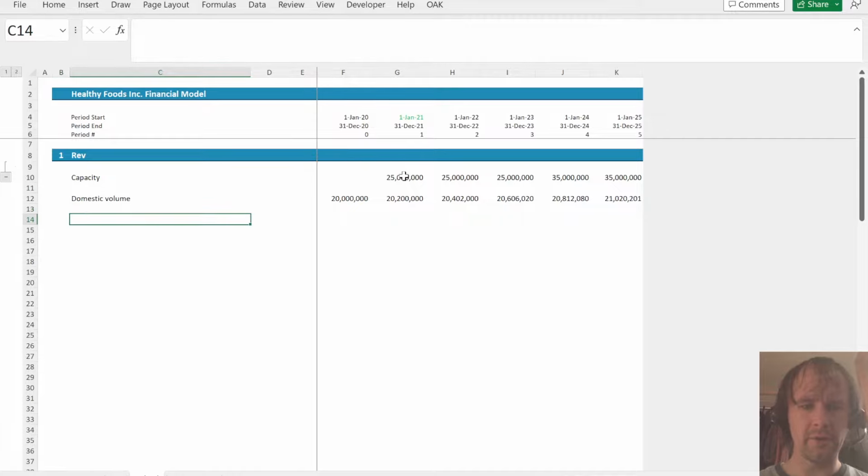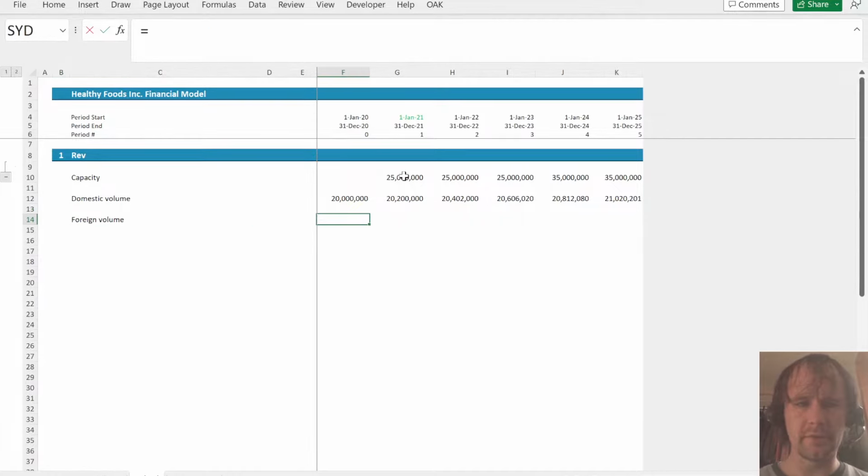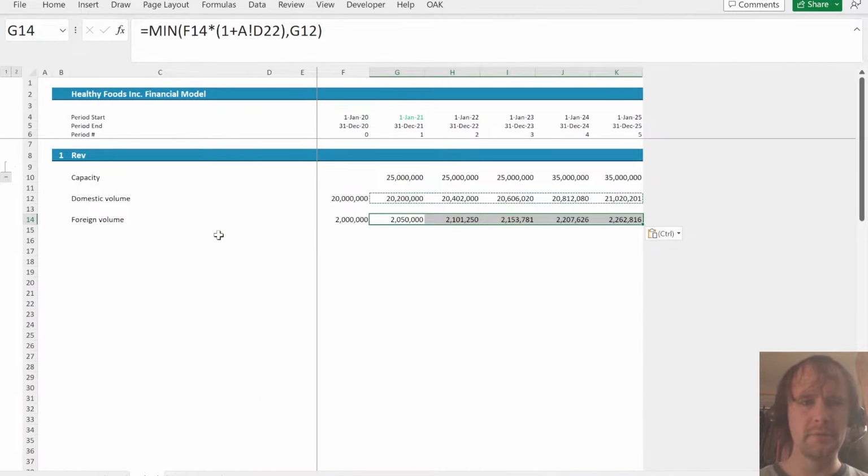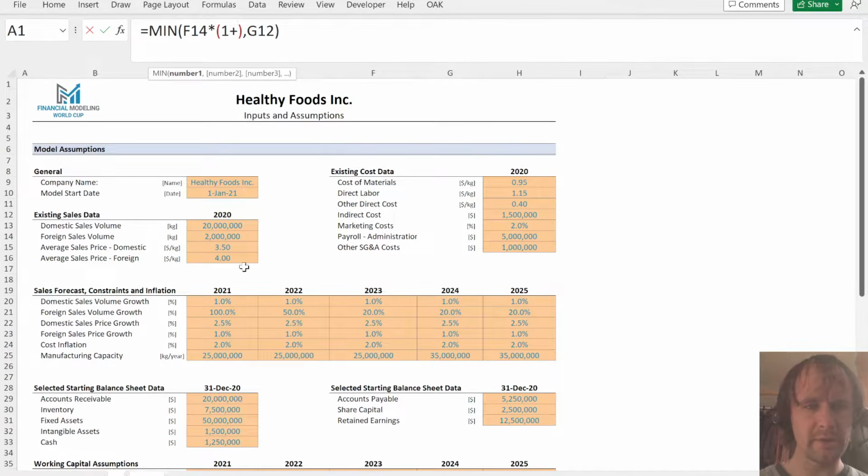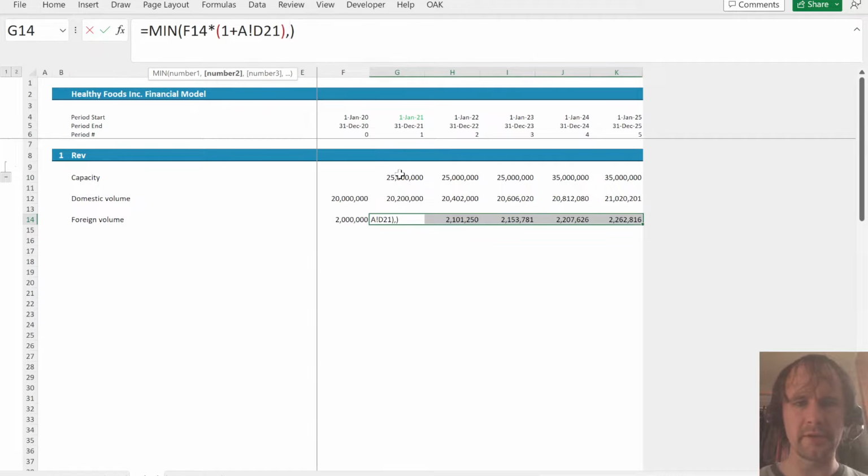Okay, foreign volume. And that's going to start off at 2 million, and then it's going to be the smaller of that times 1 plus the foreign sales growth rate. And then it will be the smaller of that and total capacity minus capacity used domestically.